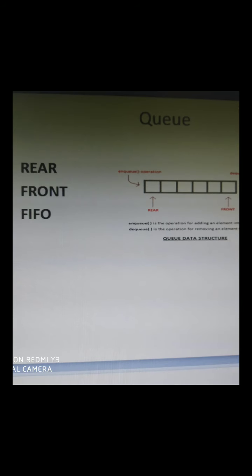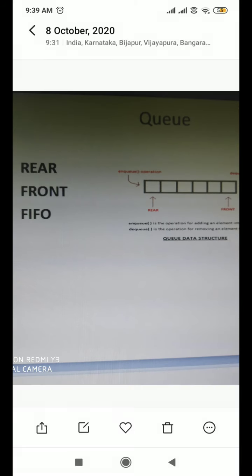In stack that is not possible because you have only one entry, hence deletion also takes place from the same entry, so the last element inserted is deleted first. In queue, the element inserted first is the one deleted first, hence it is known as FIFO, first in first out.